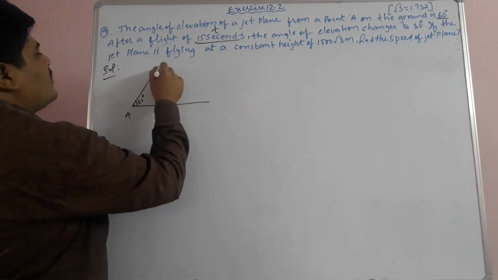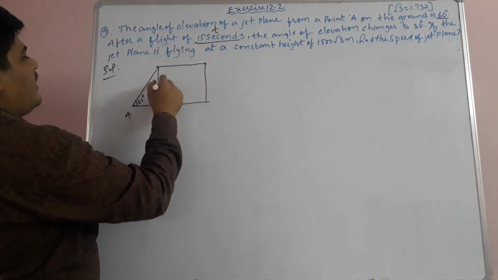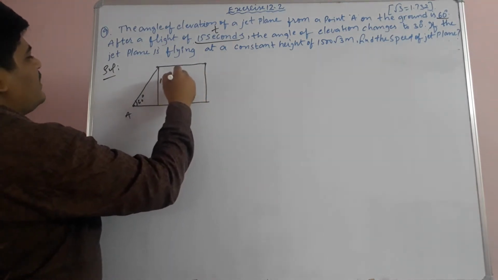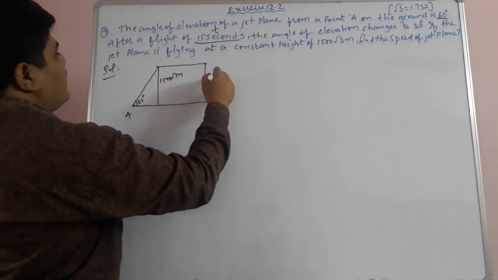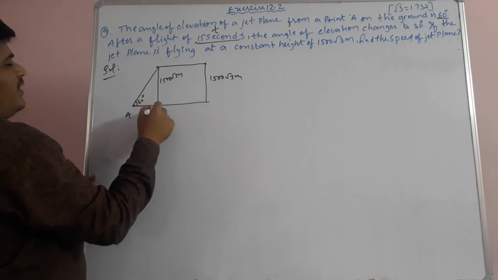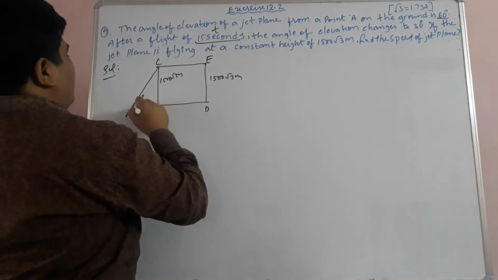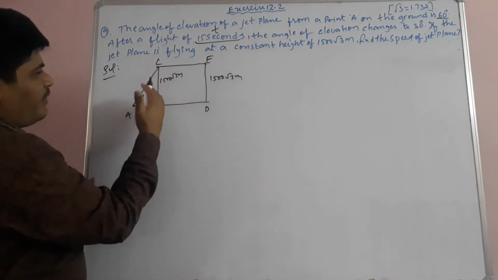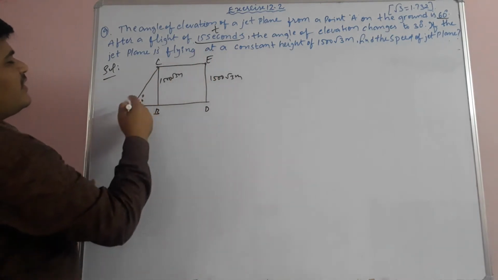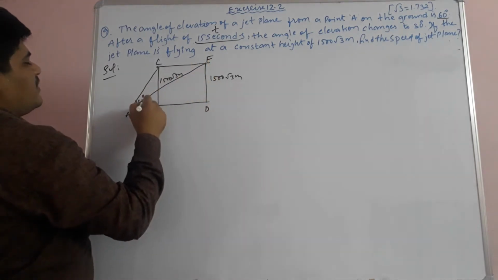Now the flight moved some distance at the same height, 1500 root 3 meters, and the points are B, C, D, E. The angle of elevation when the flight moved after 15 seconds changes to 30 degrees.